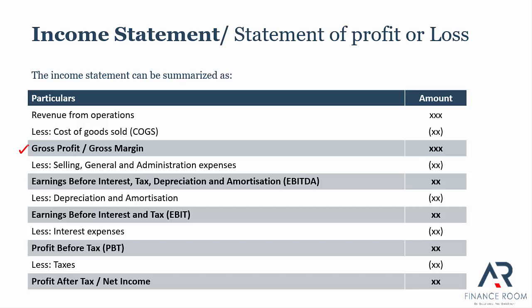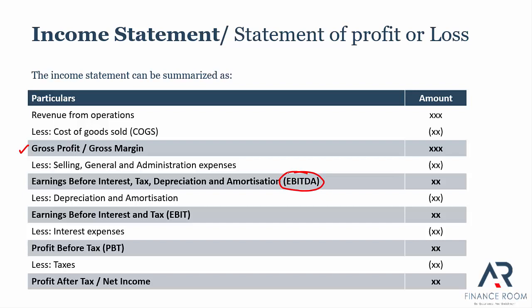From the gross profit or gross margin, you subtract selling, general and admin expenses. So all the expenses, be it salaries, office expenses, rent, traveling expenses, marketing, advertising, meals, fuel, everything is subtracted here and you get something known as EBITDA.